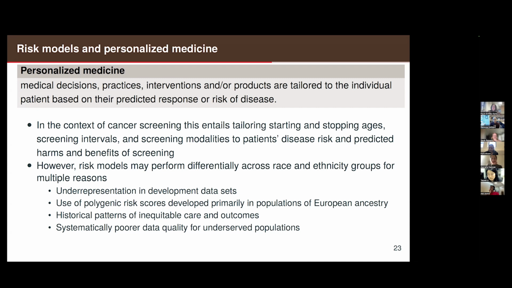Most relevant to the data quality stuff that I'm worried about, historical patterns of inequitable care and outcomes that propagate into systematically poorer data quality for underserved populations. So yeah, for all the reasons I've already been talking about, we think maybe their exposure information is poor, their outcome information is poor, the quality of personalized risk prediction that we're able to generate is potentially poorer.